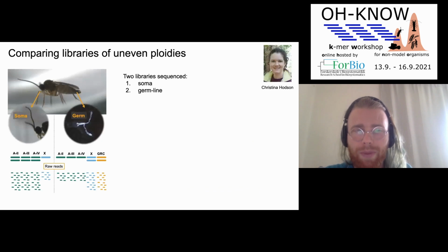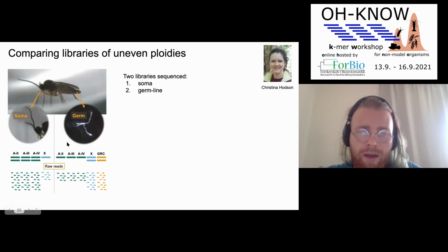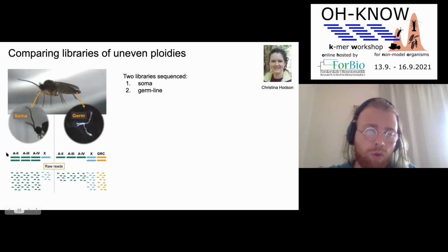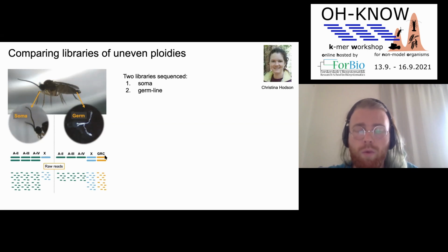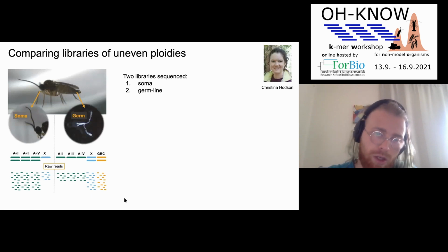The example Christina gave you was the germline-specific chromosomes of the Sciara fly. And here is a schema of what kinds of karyotypes are expected in these two tissues. In soma, you have a 1:2 ratio of X chromosomes to autosomes, and in the germline, you have a 2:2:1 germline to X to autosome ratio.